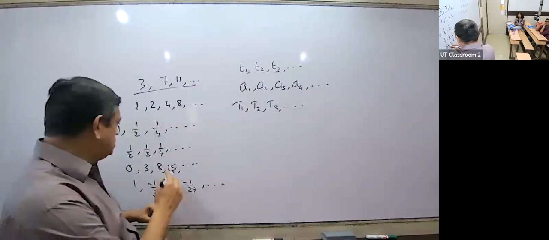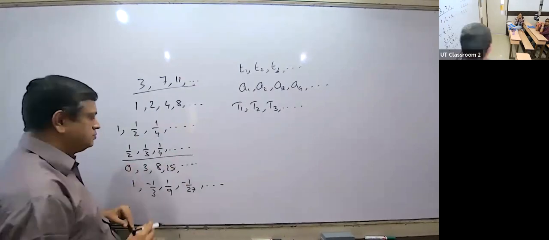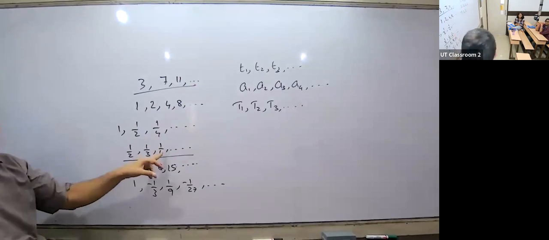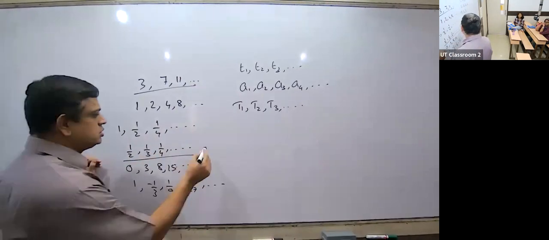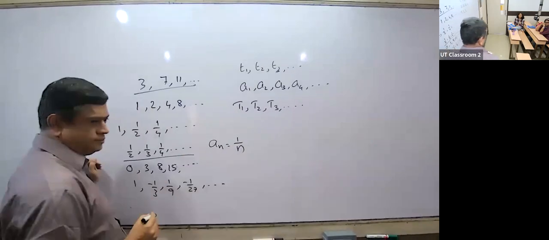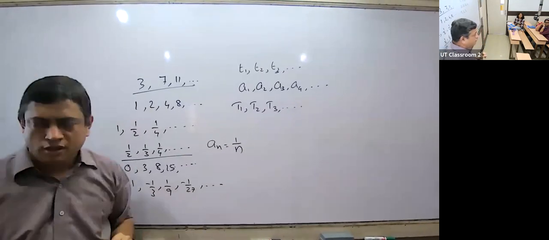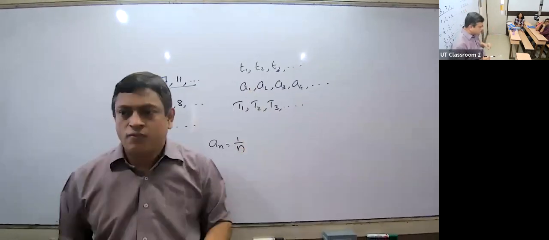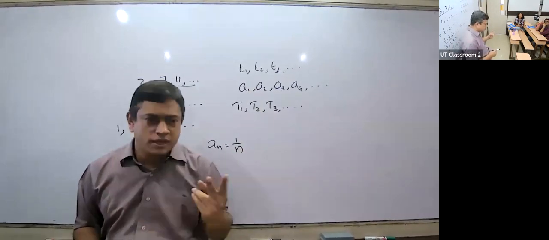Yes. In this sequence, what is A1? 1 by 2. A2? 1 by 3. A3, 1 by 4. So I can write it as An equals 1 upon n. What is the meaning of An? What do you mean by A1? First term. A2? Second term.